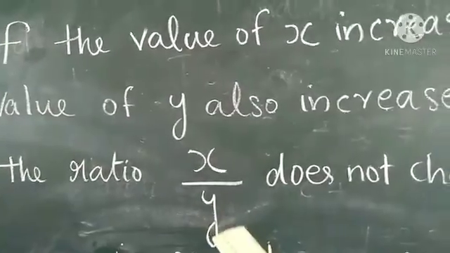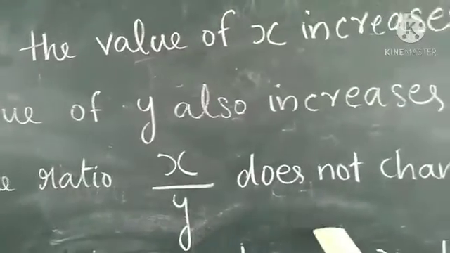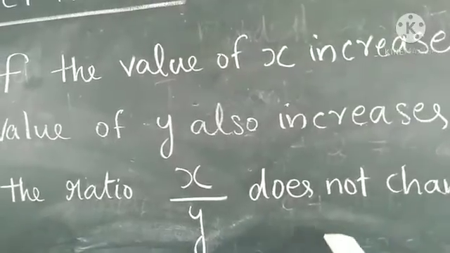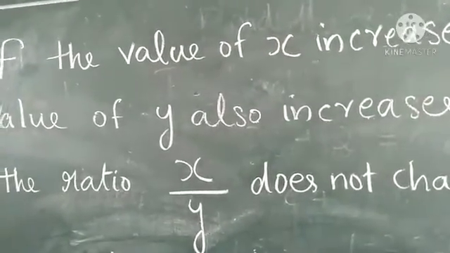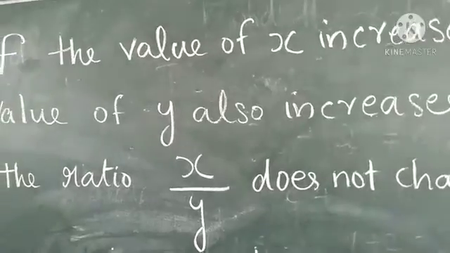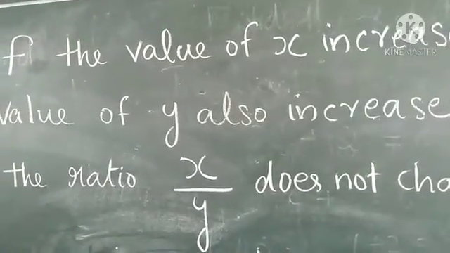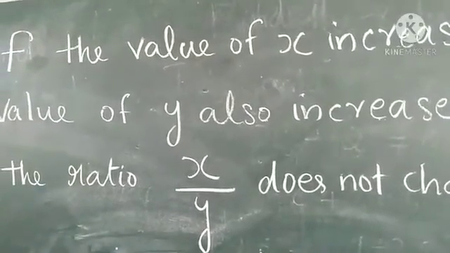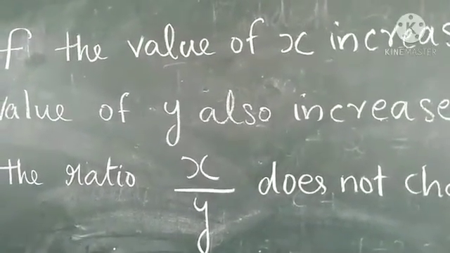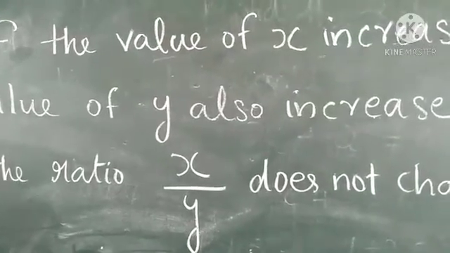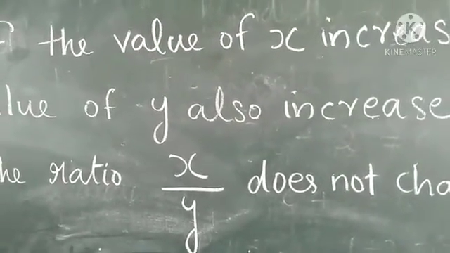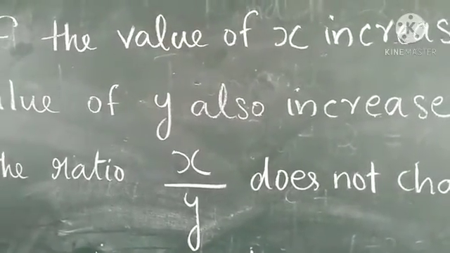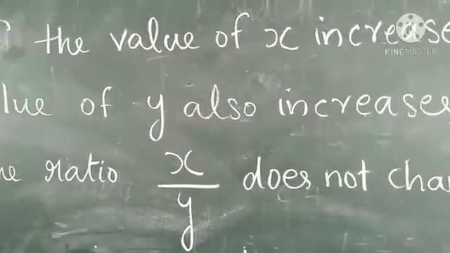The ratio of x by y does not change. That you know very well. If one quantity increases and the second one also increases, the ratio remains constant. So the first quantity x increases, and automatically the second quantity y also increases. Then their ratio remains constant.